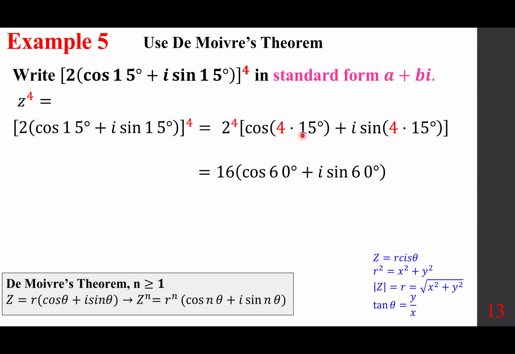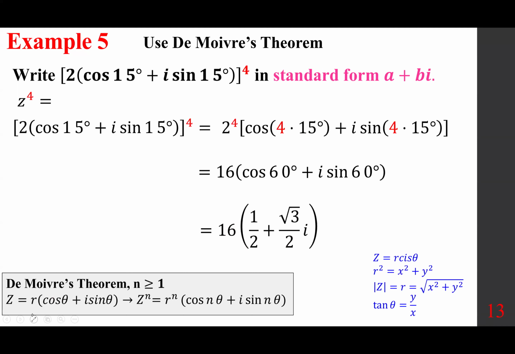Now, what is cosine of 60? 1/2. What is sine of 60? Square root of 3 over 2. So we should know that. And of course, the 16 goes away with 2 and becomes 8.